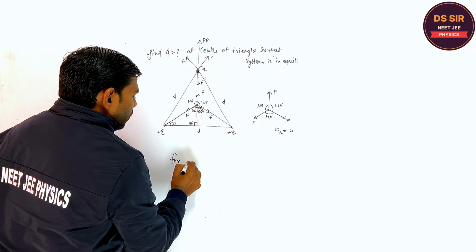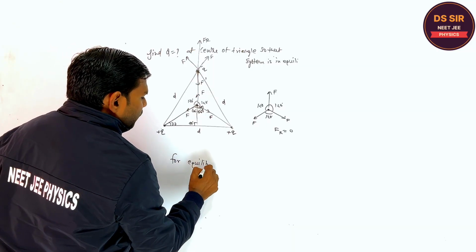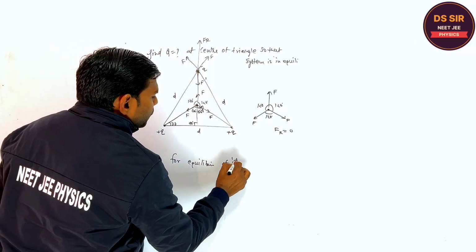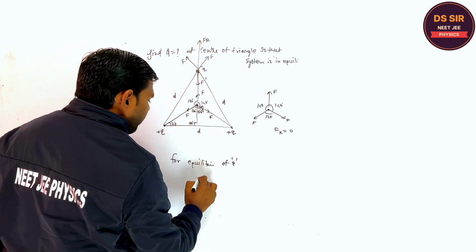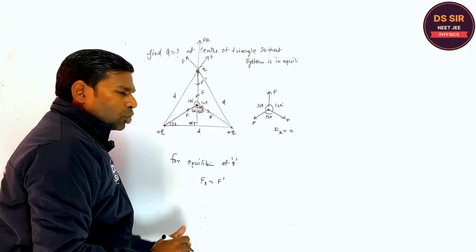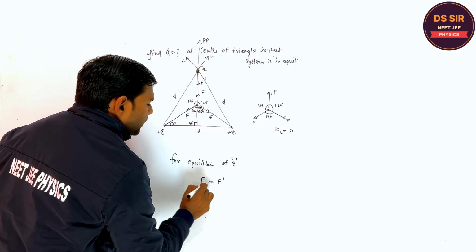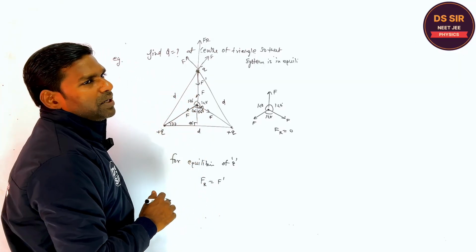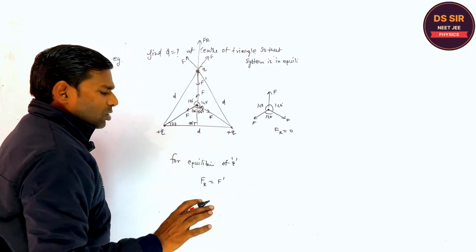So for equilibrium of Q, Fr and F dash, you may write it this way also, both should be equal and of opposite sign. So it means this charge Q must be negative. Is it clear or not?